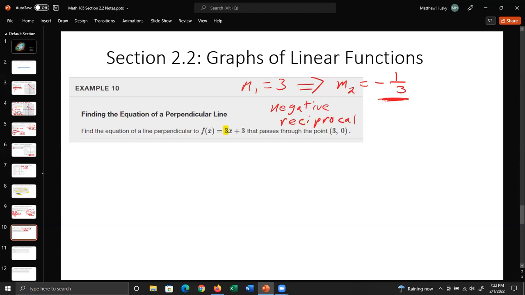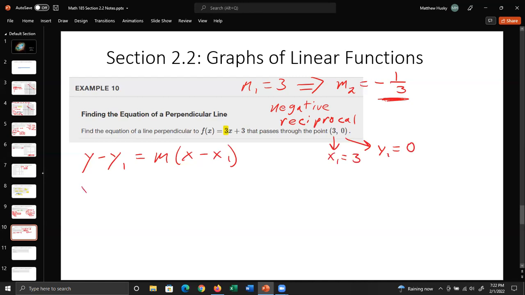Then we had a formula that we were talking about last time. This is a very handy formula to have at your disposal: y minus y1 equals m times (x minus x1). From this point, x1 is equal to 3, and y1 is equal to 0.